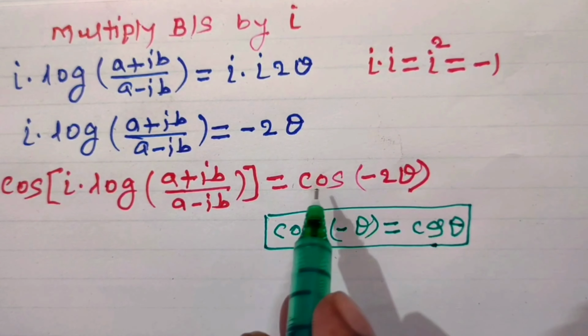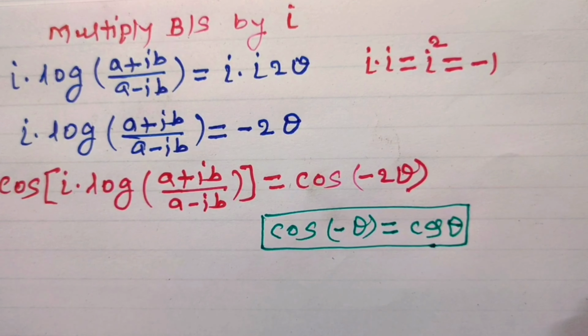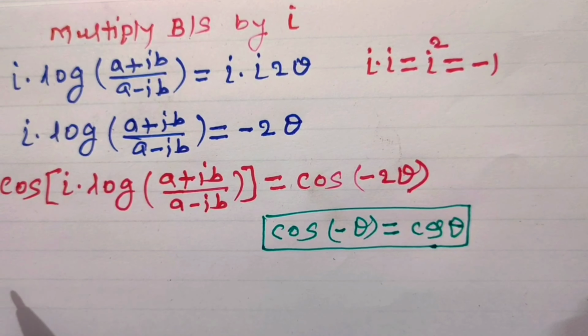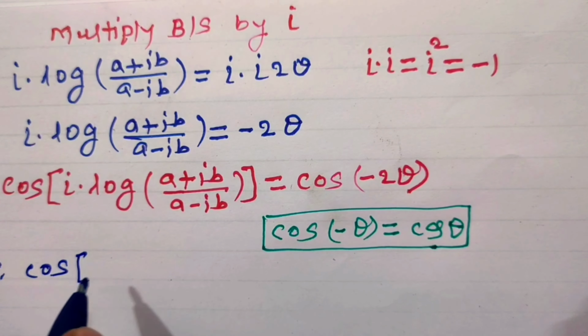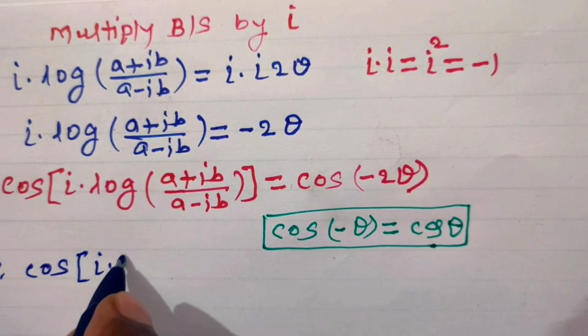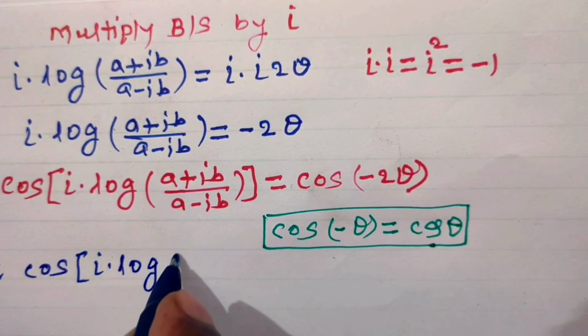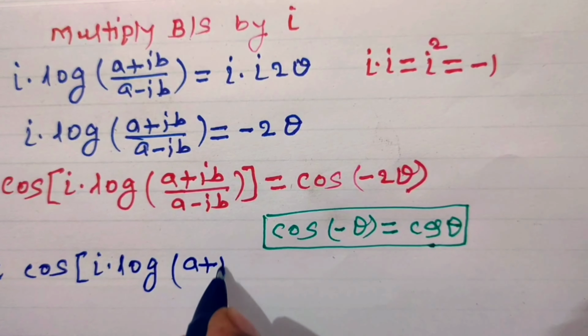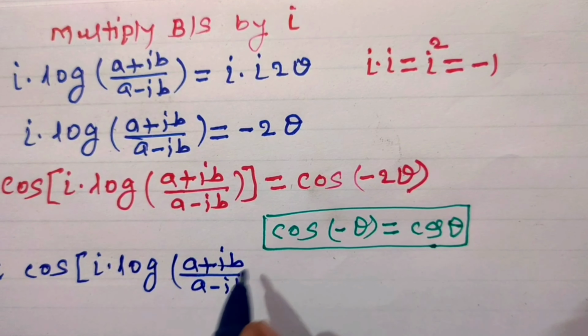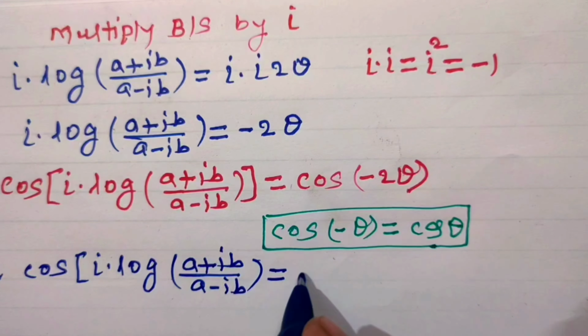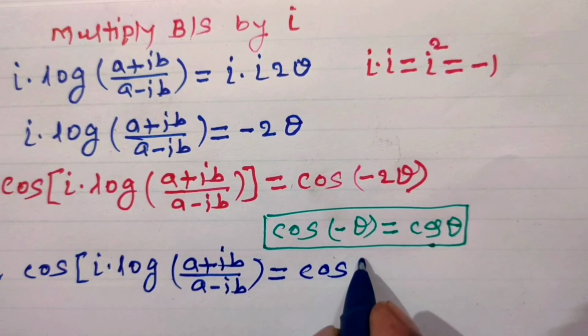Hence cos minus 2 theta can be written as cos 2 theta, and hence cos of (i into logarithm of (a plus ib) divided by (a minus ib)) is equal to cos 2 theta.